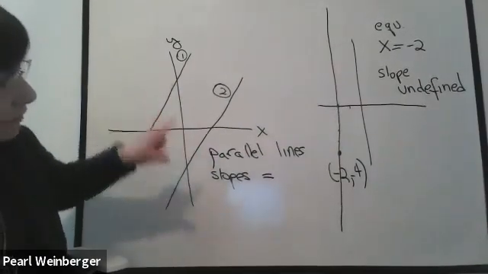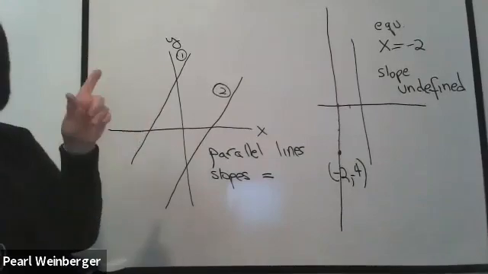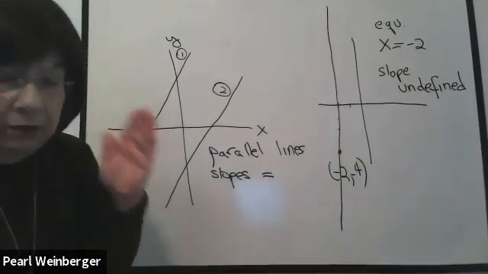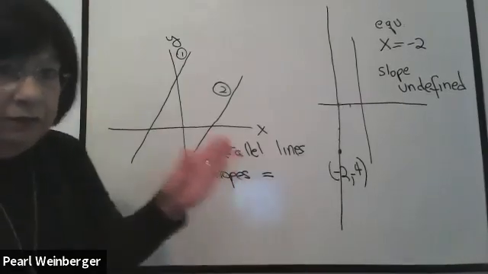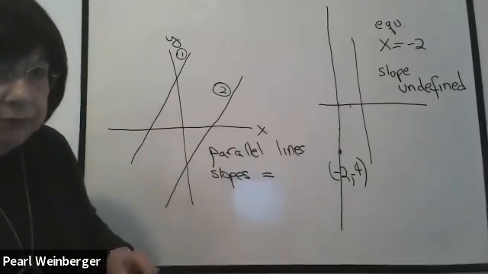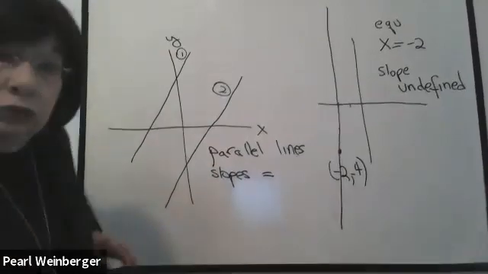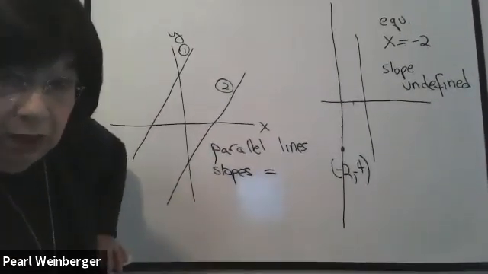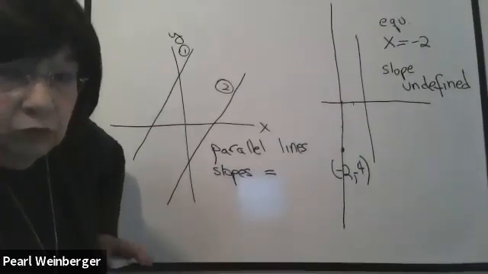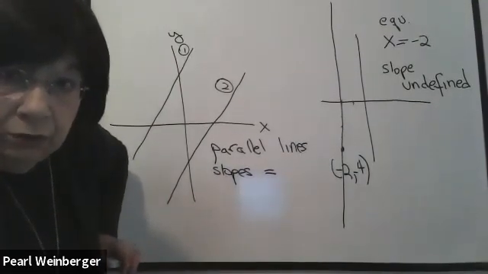Parallel lines have equal slopes. It makes sense because if they're parallel, they have to be slanted exactly the same amount, and therefore their slopes have to be the same number. And actually, I could just give you the equations of two lines, and you could tell me right away if those lines are parallel or not.